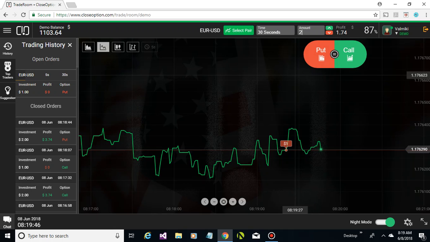Alright, let's keep our fingers ready. Looks like this could be a loss. No, it's actually a gain.